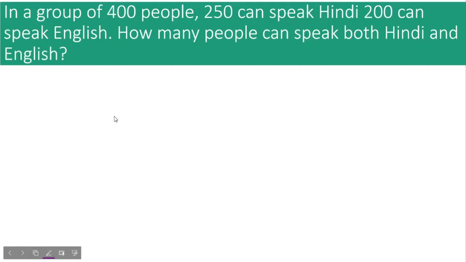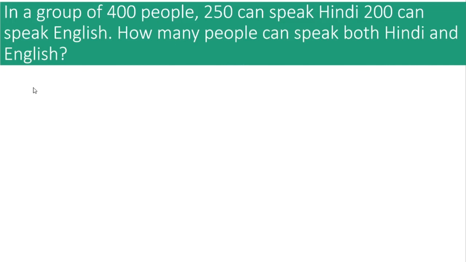Now let us solve some problems that are in the exercise in this chapter, based on these two formulas. Here it is given that in a group there are 400 people, and among them 250 can speak Hindi, 200 can speak English, and we need to find out how many of them can speak both Hindi and English.